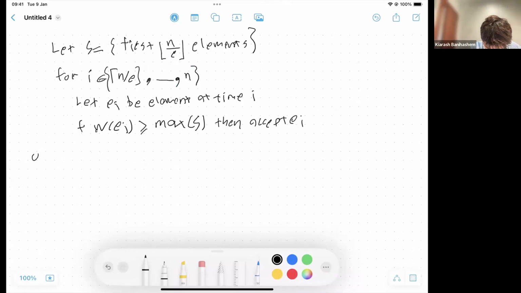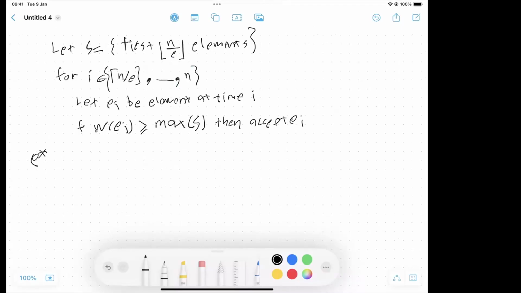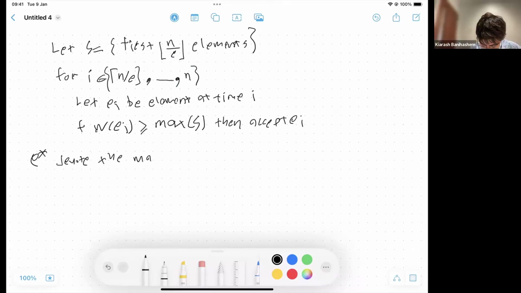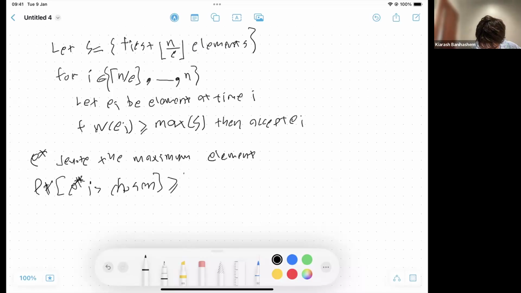Well, let E star denote the maximum element. I want to prove that the probability that E star is chosen is bigger than or equal to 1 over e.